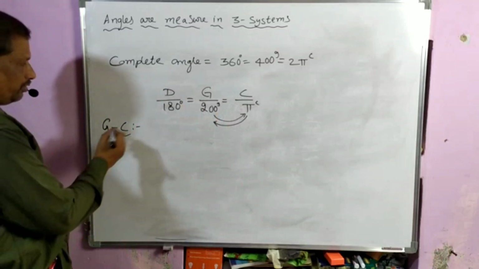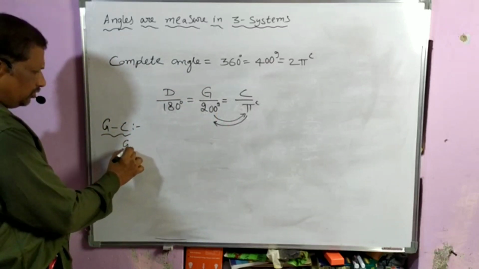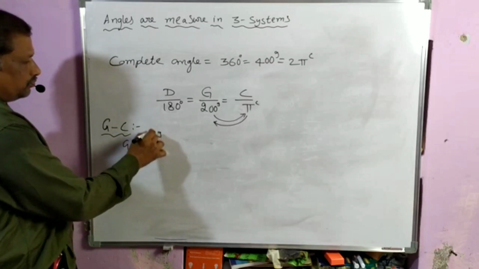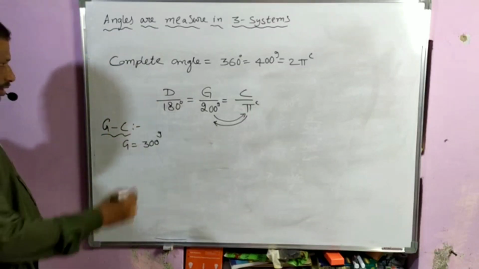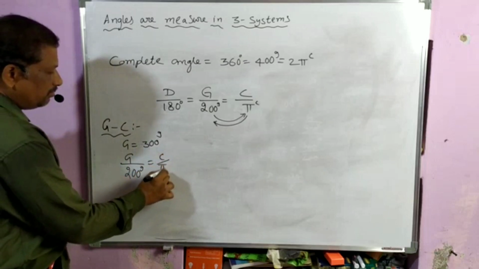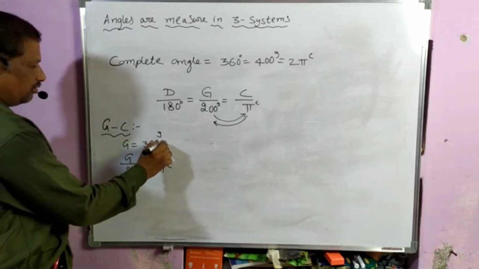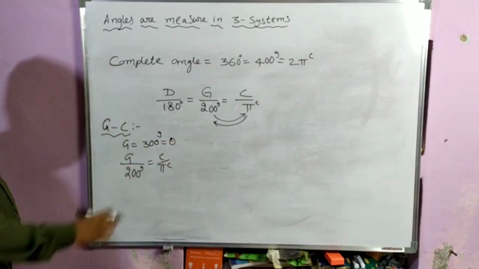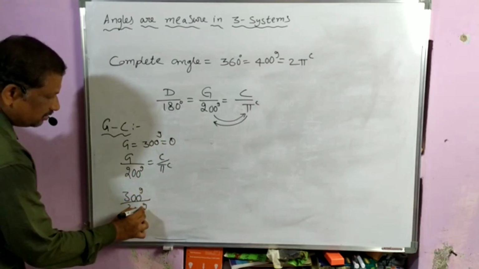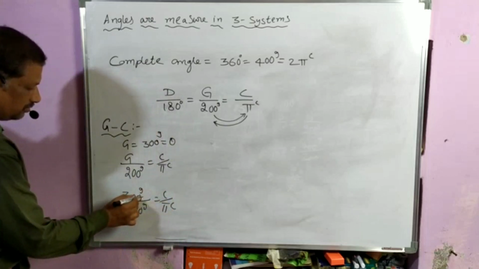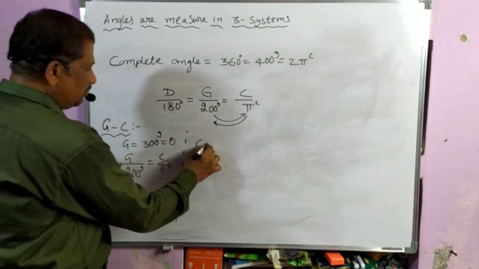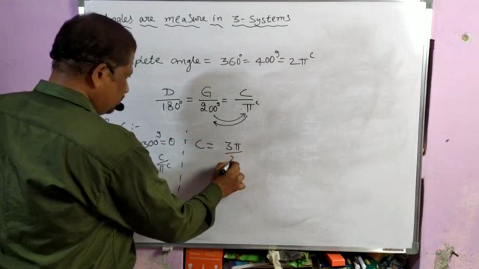Suppose you take the value grade G is equal to 300 grades. Now the relation you take: G by 200 grades is equal to C by 5 radians. At the place of G, we have to substitute this given angle. Theta is 300 grades now. So 300 grades by 200 grades is equal to C by pi radians. So 0, 0 cancel, 3 by 2 left. Send this pi this side. C is equal to 3 pi by 2 radians.